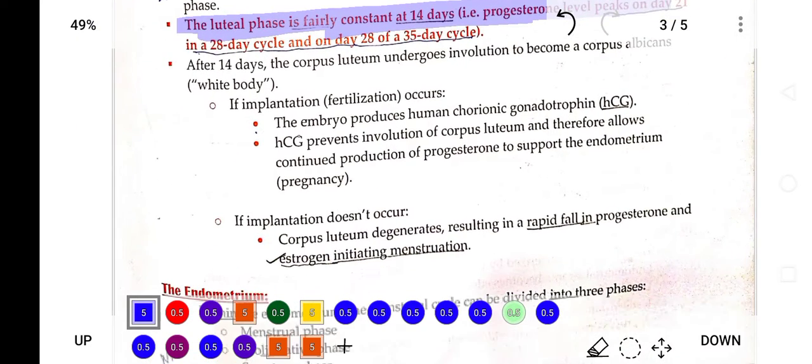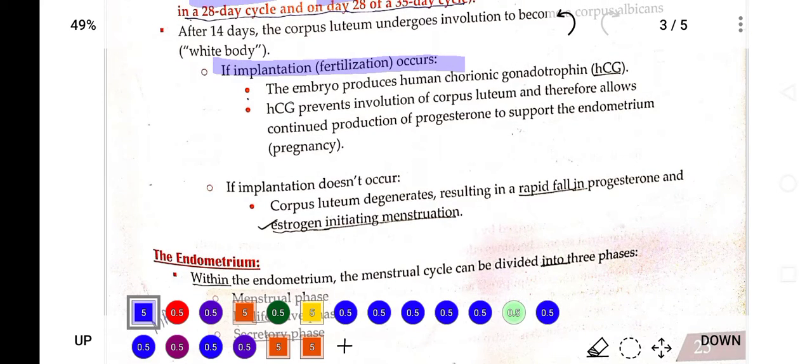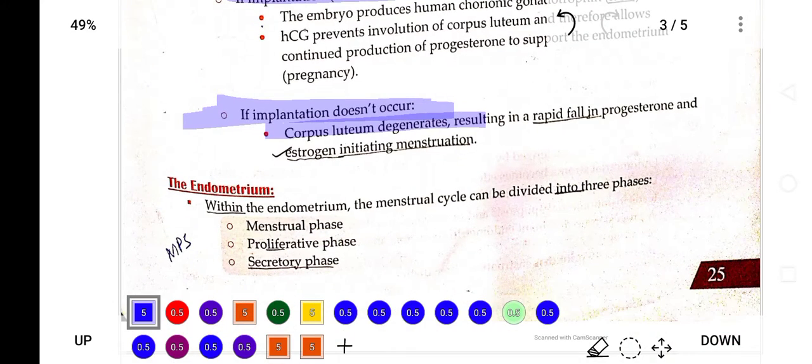After the luteal phase, what happens? If fertilization occurs, implantation occurs. If implantation does not occur, the corpus luteum degenerates, resulting in a rapid fall of progesterone, and then the cycle returns to its normal state.